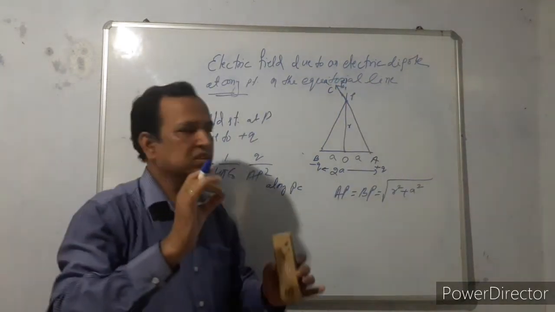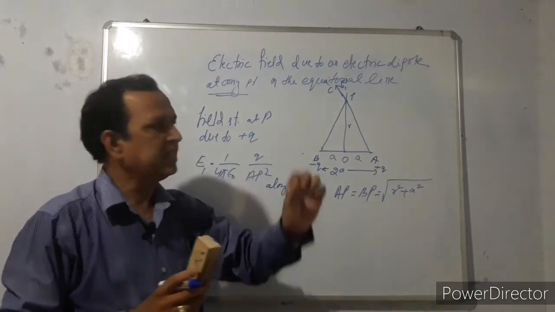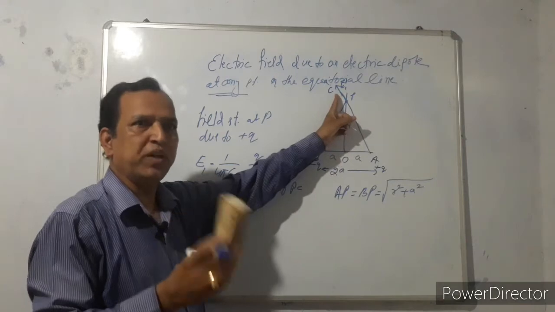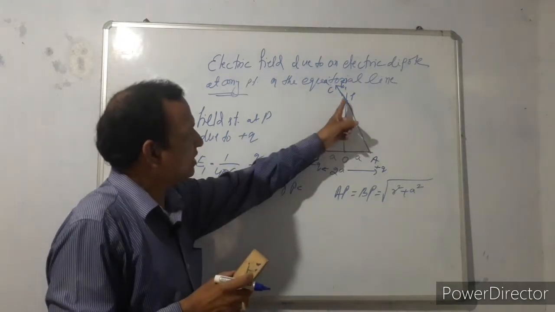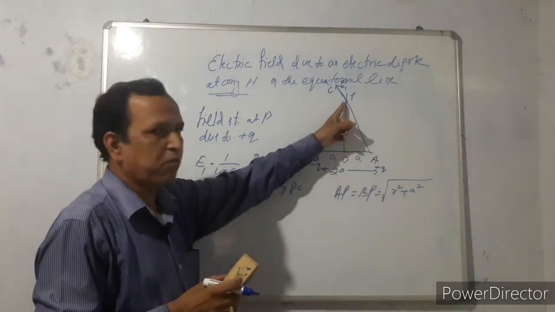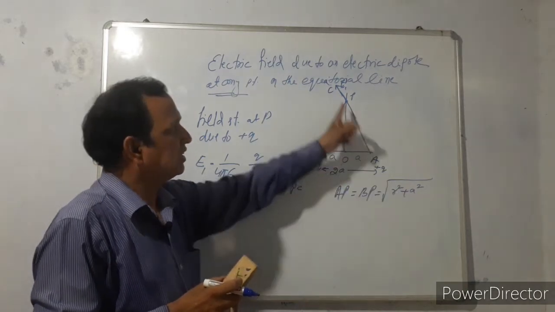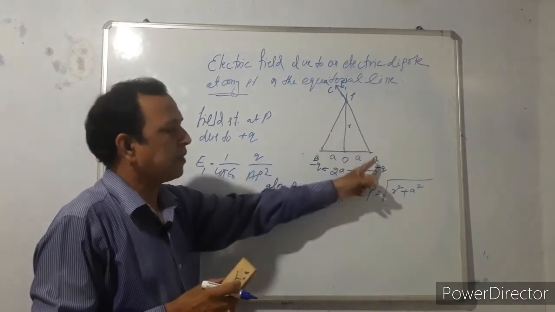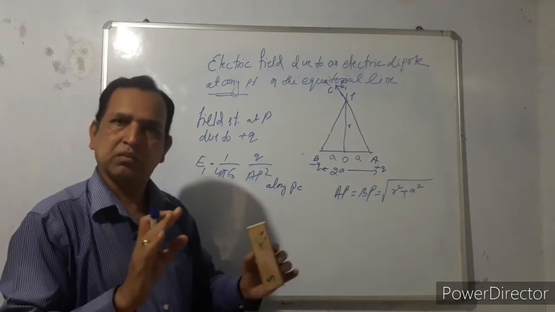So let us consider a test charge. A unit positive charge is placed at P. As both are positive, a force is experienced in this direction. Why? Because like charges repel each other. Clear?